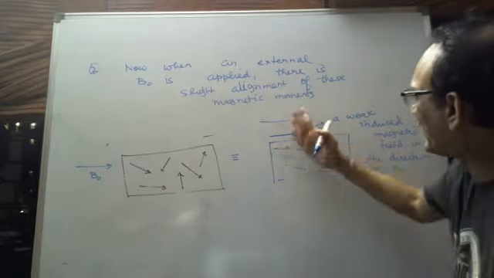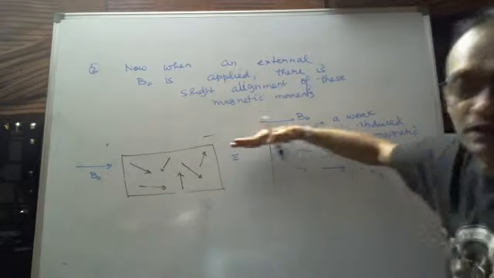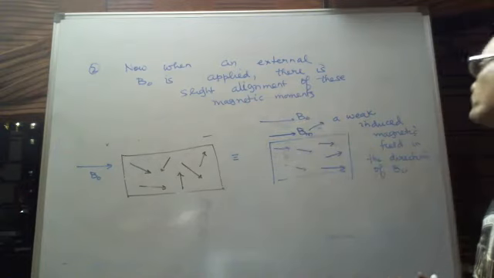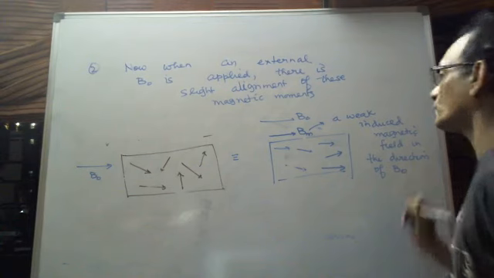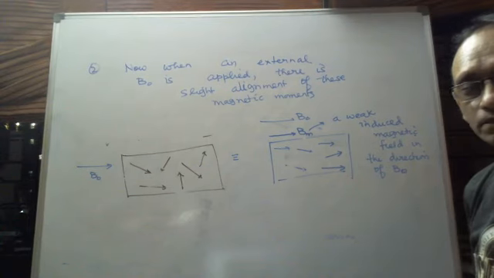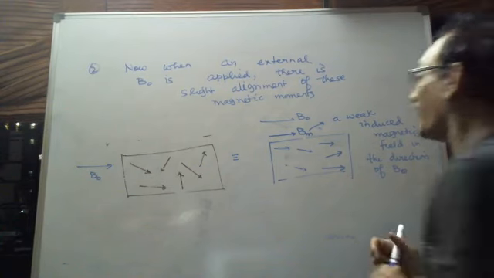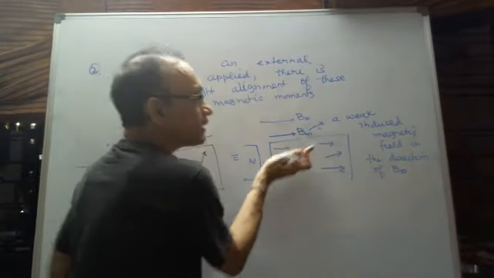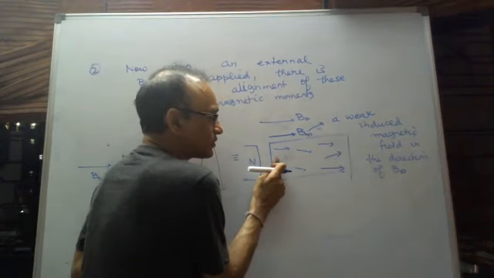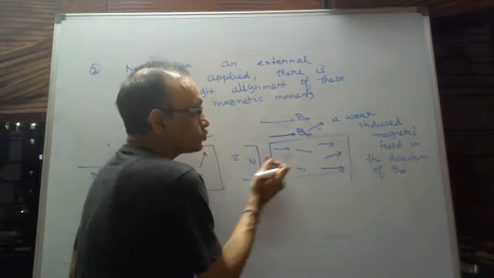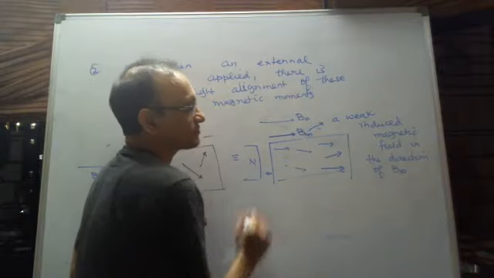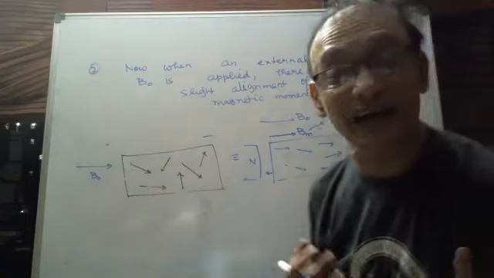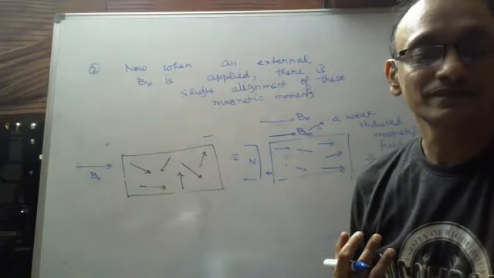There will be no complete alignment, only partial alignment. Now if you place it here, its north pole is here and the other's south pole is here, so it will experience attraction. If Bm and B0 are in the same direction, there will be attraction.